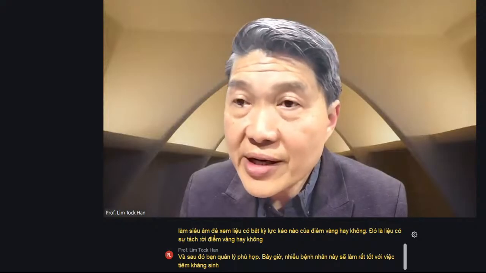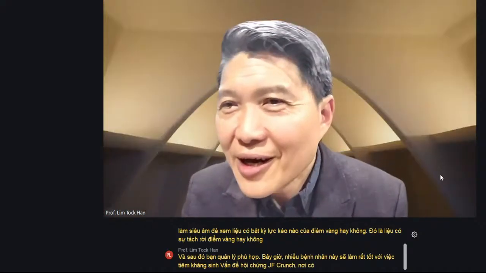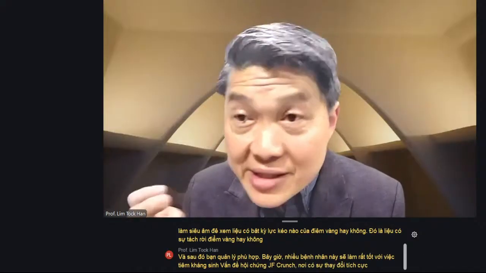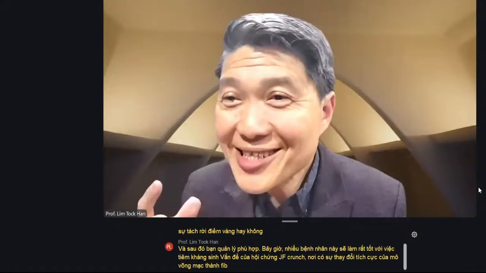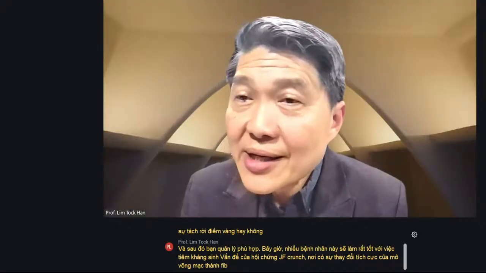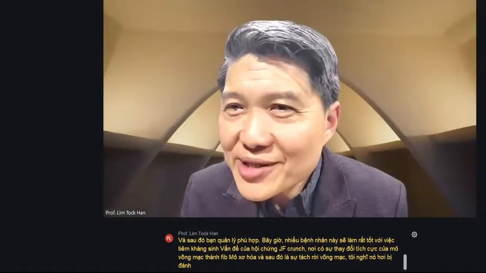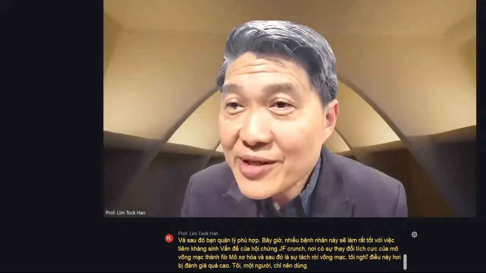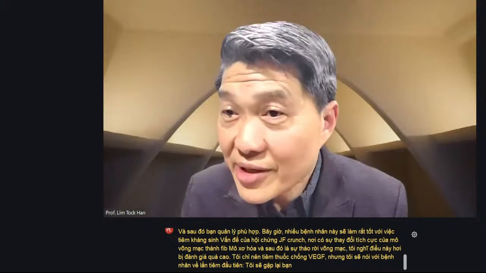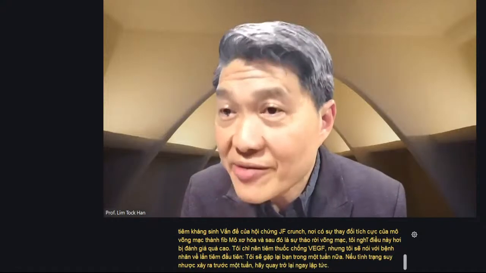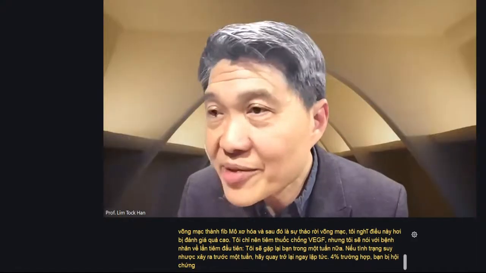The issue of VEGF crunch syndrome, where there's aggressive change of the retinal tissue into fibrotic tissue and then traction retinal detachment, I think it's a bit overrated. I for one would just give anti-VEGF, but I would tell the patient for the first jab, I will see you in a week's time, and if vision drops before a week, come back straight away, because 4% of cases get VEGF crunch syndrome. And if it occurs, you just take the patient to the OR.